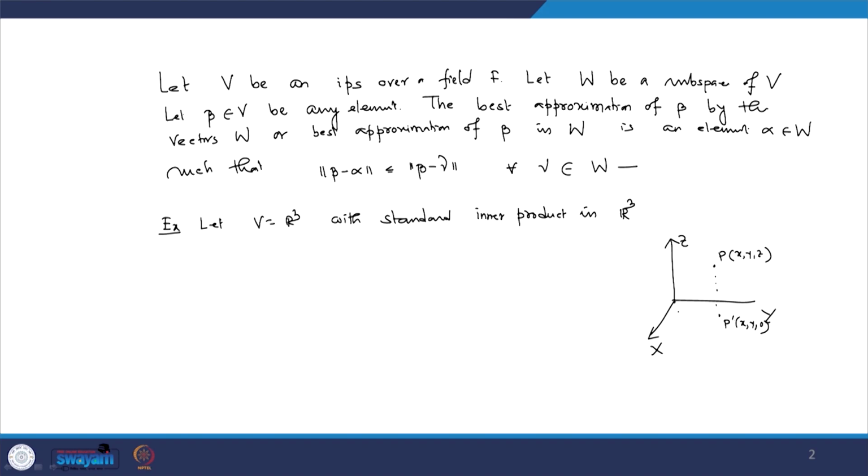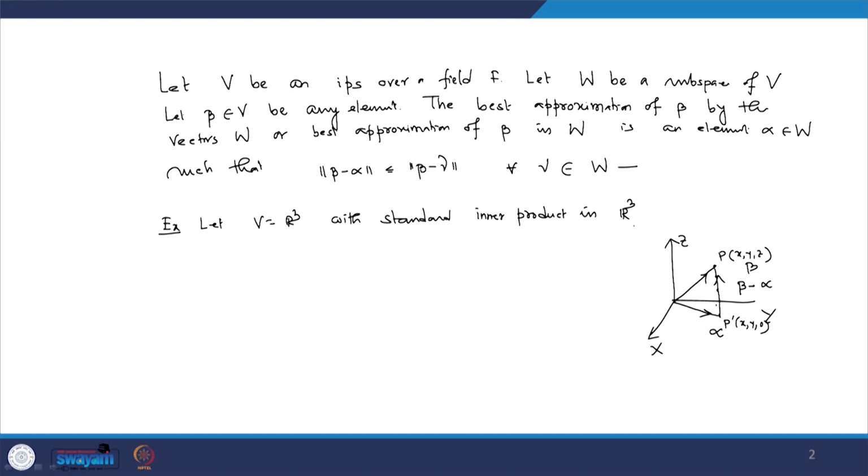So, suppose this is the alpha and this is your beta, the vector beta. You see that beta minus alpha, which is P prime to P, is orthogonal or perpendicular to the xy plane.